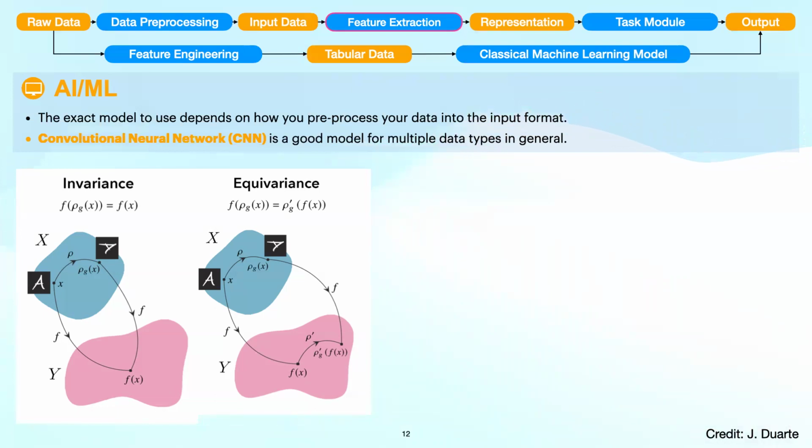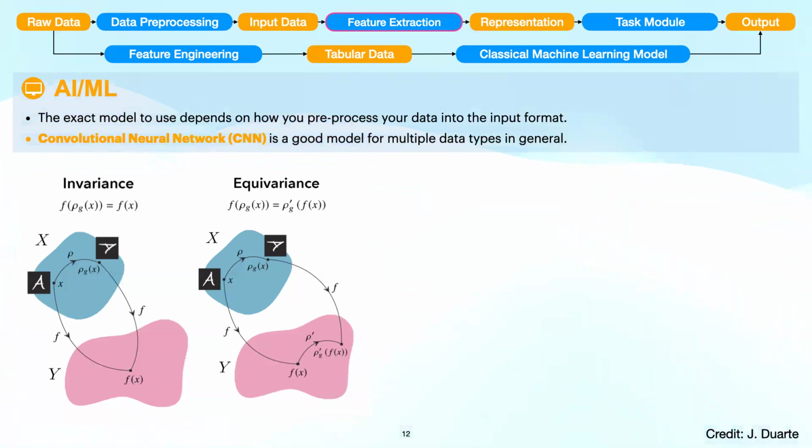First, I want to talk about 2 concepts before I talk about CNN. The first concept is invariance. If I have this image A and I rotate it by 90 degrees, first, your machine learning model can be considered as a function that maps from some input space to the output space, right? Let's say our input space is X, our output space is Y. Your input space can be the waveform and your output space can be the classification decision or the regression entity.